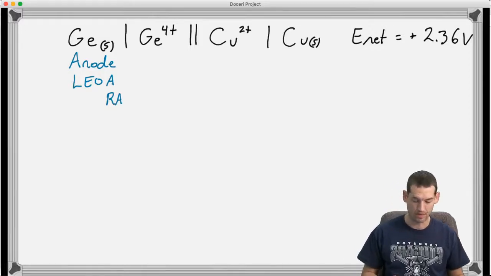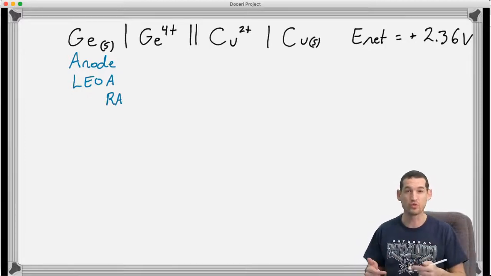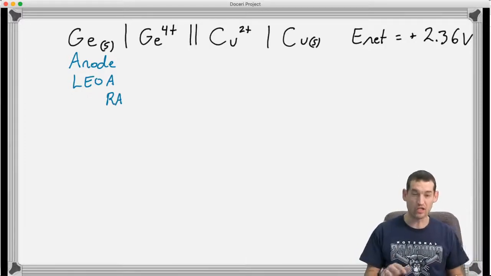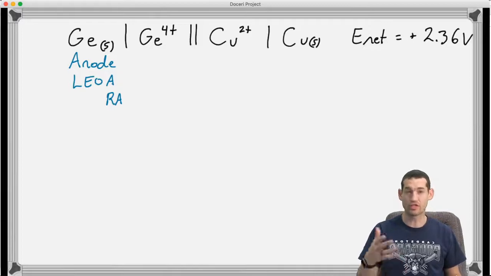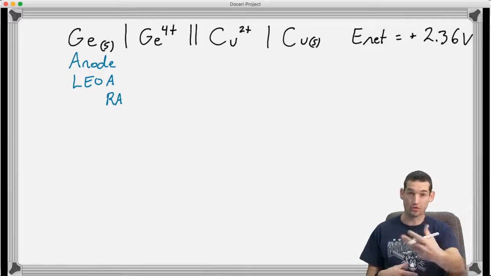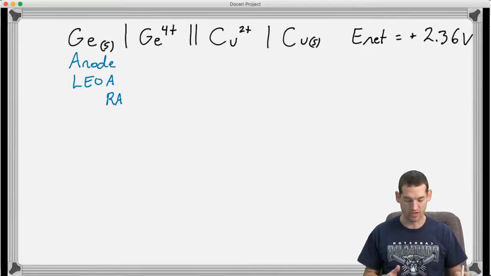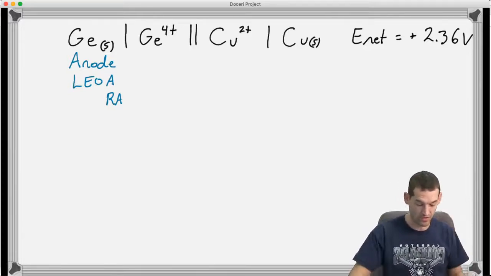We could figure out which one right now. Which one's being oxidized? Which one's losing electrons? If Ge solid loses electrons, does it become Ge4 positive? Yes, in this case it does. It loses those negatives, it becomes more positive. So Ge solid is my reducing agent.